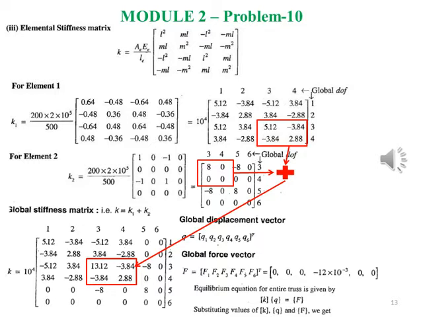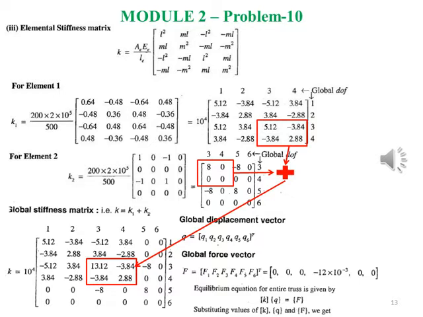Next, once the global stiffness matrix is generated, global displacement vector, that is Q1, Q2, Q3, Q4, Q5 and Q6, and global force vector F1, F2, F3, F4, F5 and F6. We are clearly aware from the question itself that F1, F2, F3 are 0, F4 is minus 12 into 10 power minus 3, F5 is 0, F6 is 0.